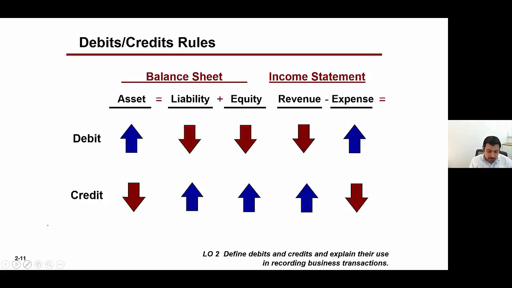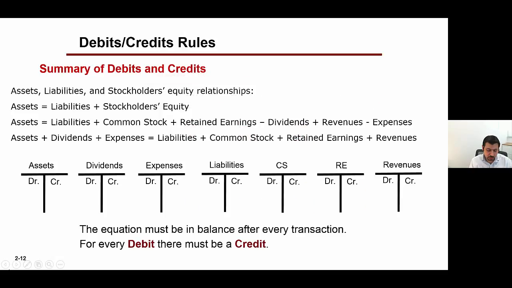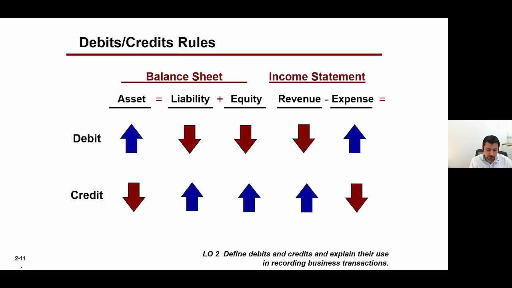Again, let's now look at the expanded accounting equation. We had assets equal to liabilities plus common stock plus retained earnings plus revenues minus dividends minus expenses.